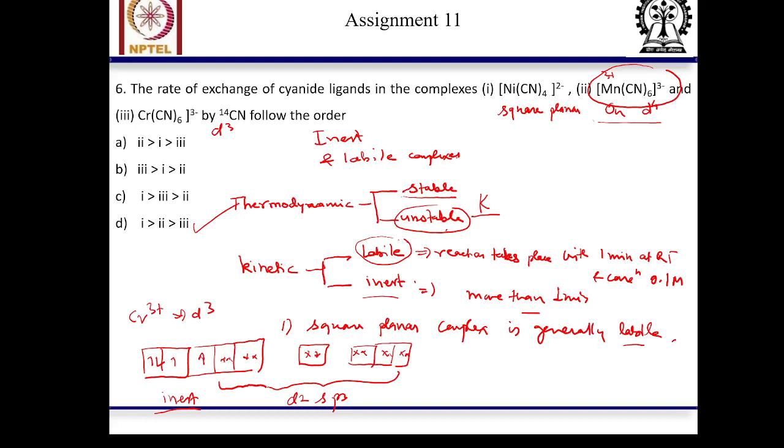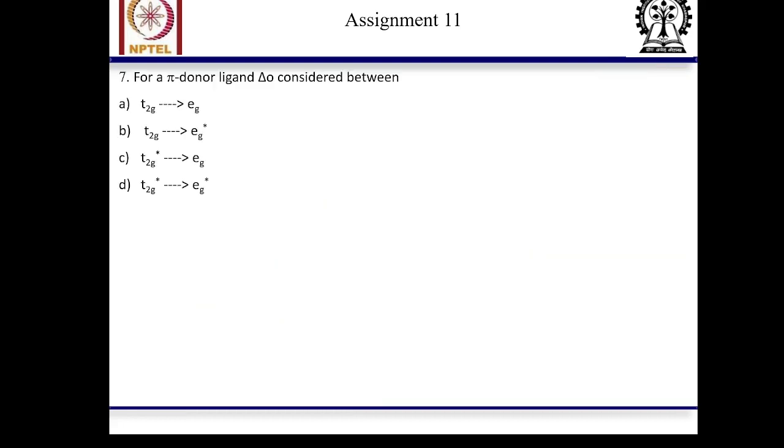If there is less change in CFSE, that will be favored. If you calculate, you will see that it is positive, meaning no loss for Mn3 plus, but there will be a loss for chromium 3 plus. That's how we can see the answer.